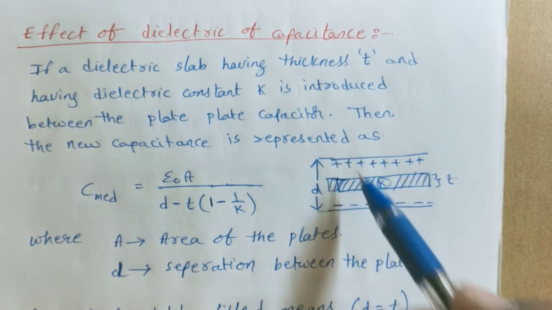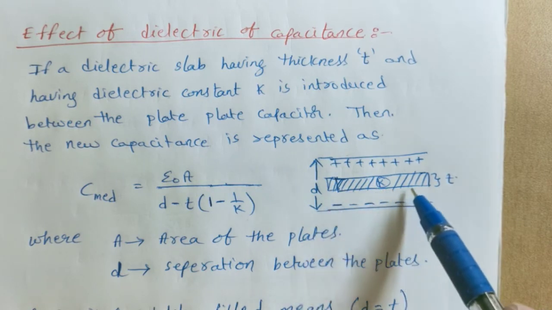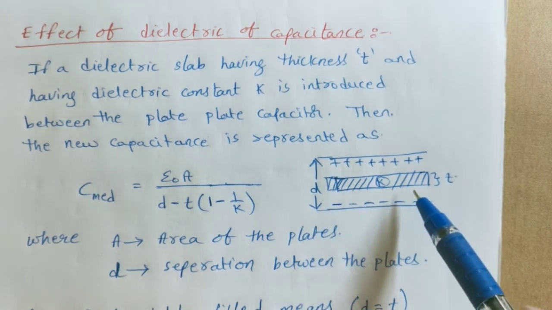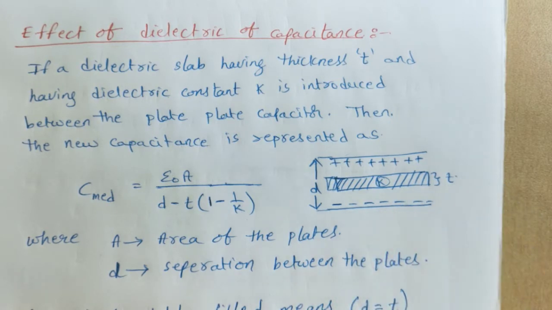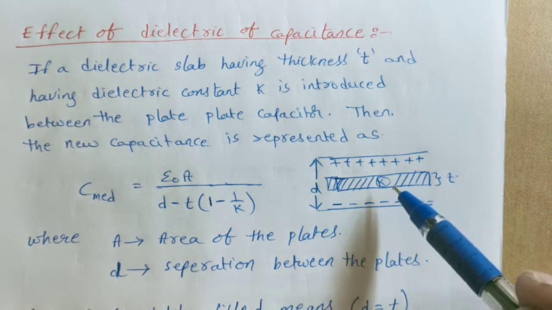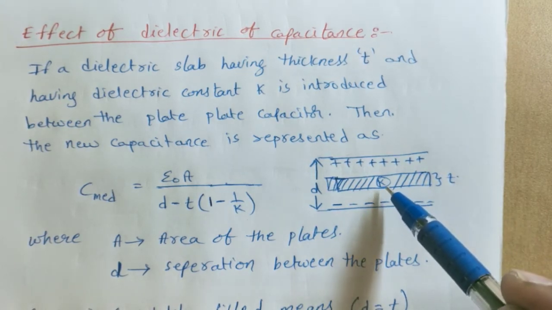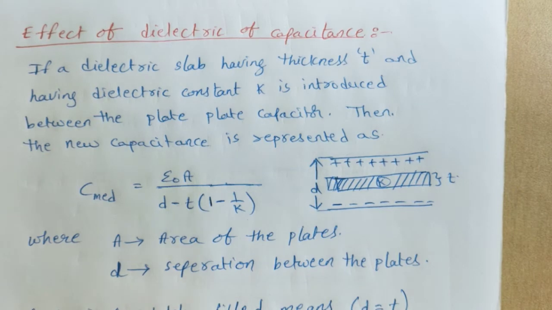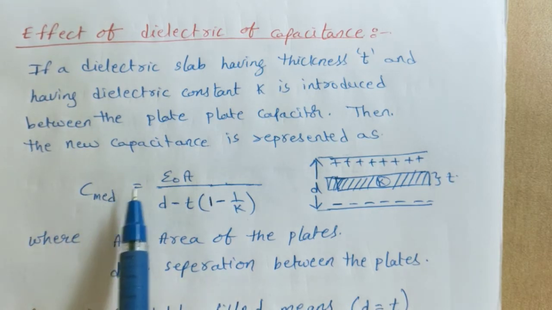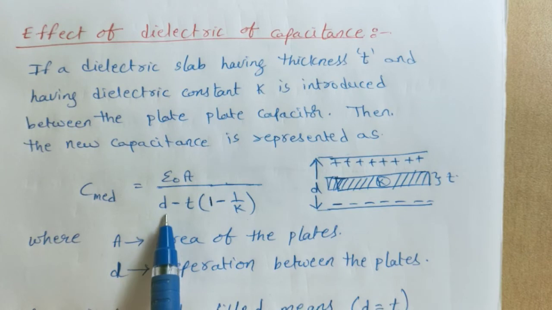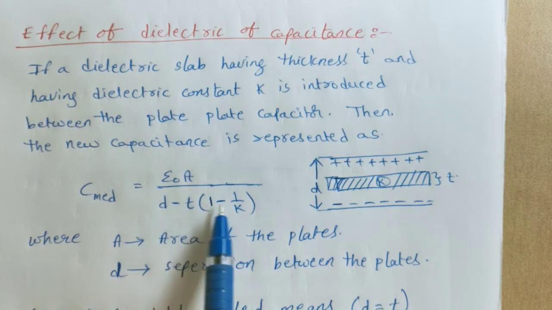Suppose in between the plates we introduce one dielectric slab or dielectric medium having thickness T, and this slab has dielectric constant K. Now we can write the capacitance in this situation as C medium is equal to epsilon naught A by D minus T into 1 minus 1 by K.